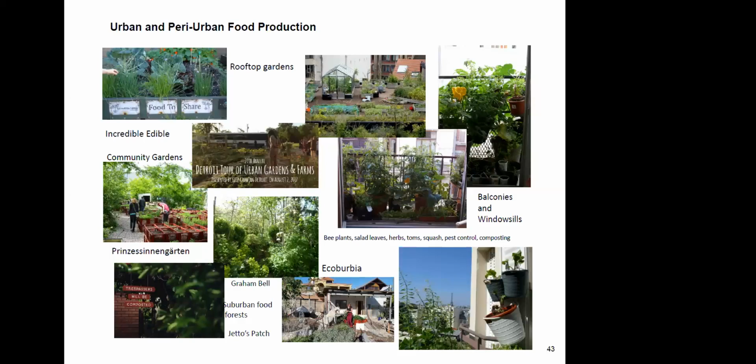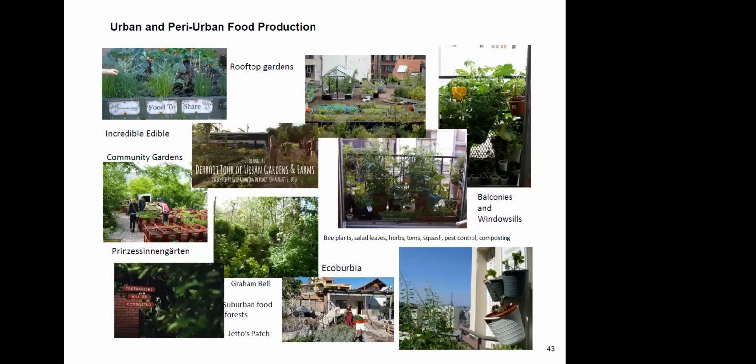On the right-hand side, there are 3 pictures of what you can do on balconies and windowsills in major towns. These are 3 pictures of my windowsills and balconies in various places, because very often in a city, I've been separated from my garden.